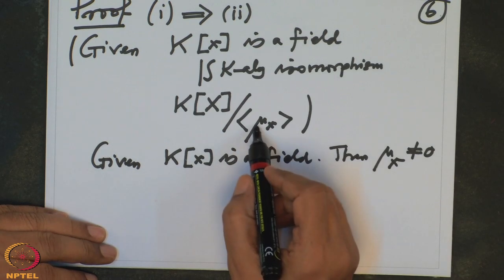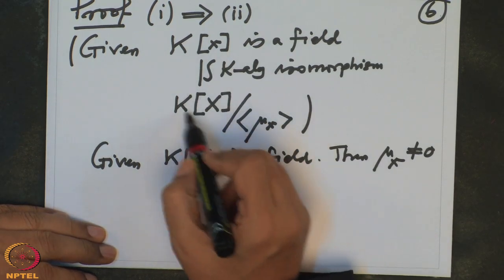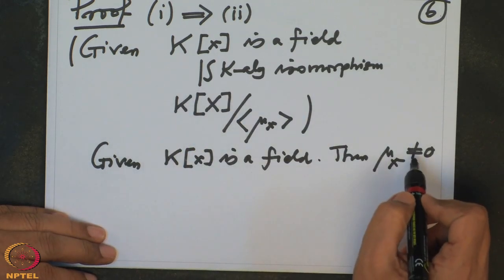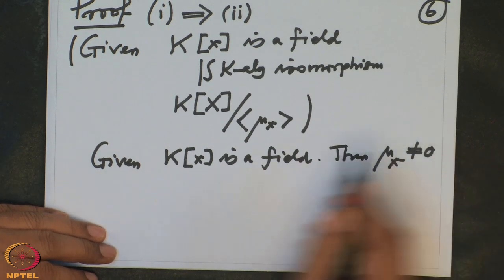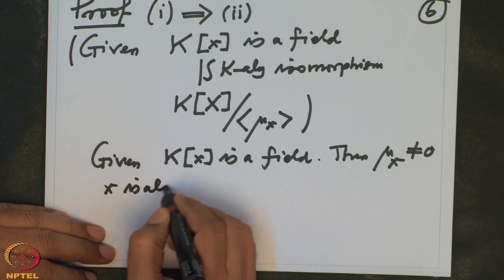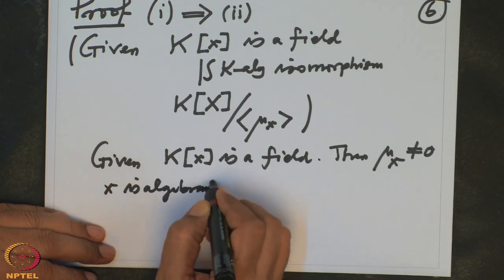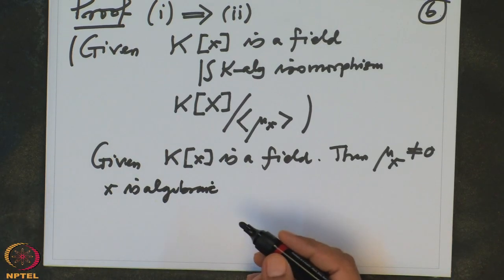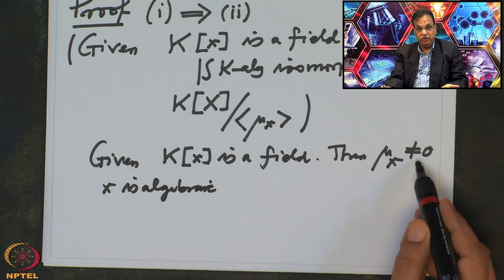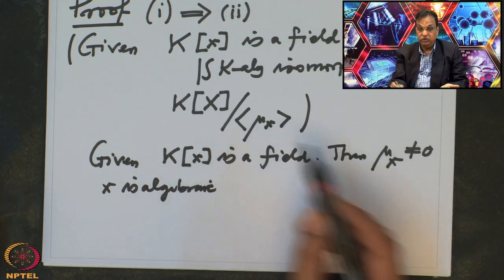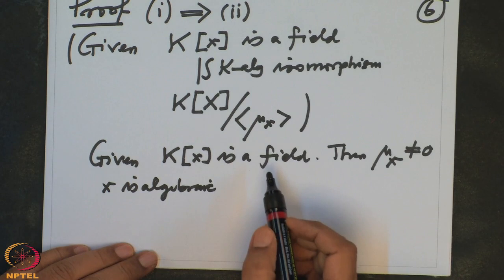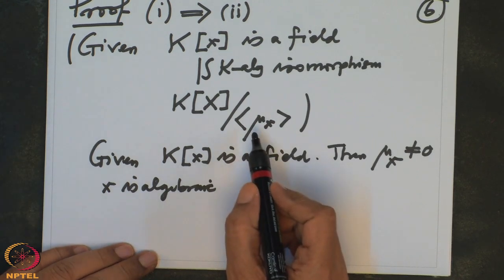Because if mu is 0, then K[X] is not a field. K[X] is never a field. So mu_x is non-zero. But that already means that x is algebraic. Because algebraic means it should satisfy a non-zero polynomial, and this is the minimal polynomial. This is non-zero, and x satisfies that, means the kernel is non-zero. Therefore, x is algebraic.